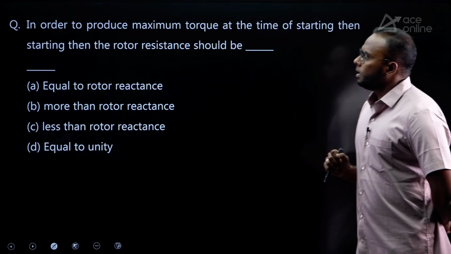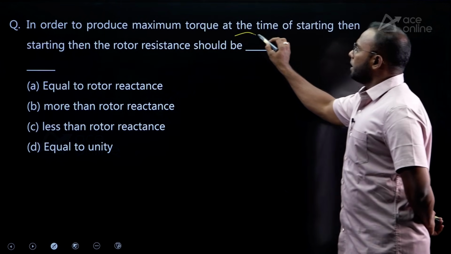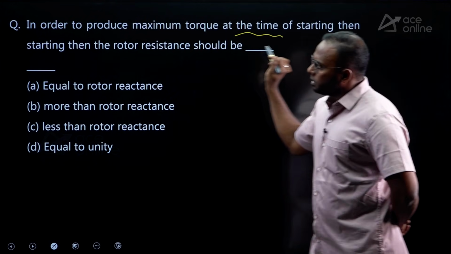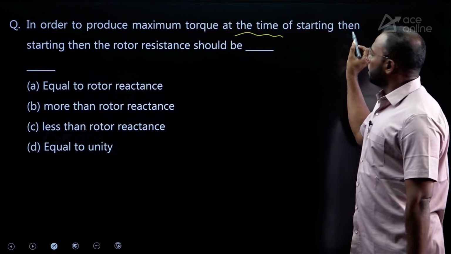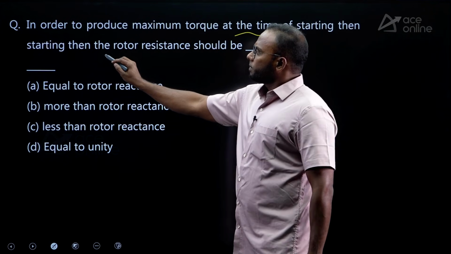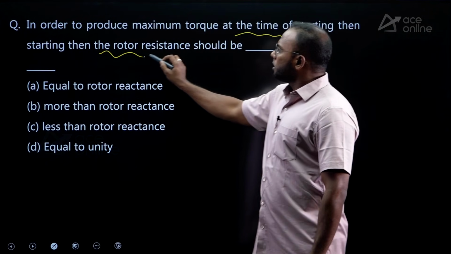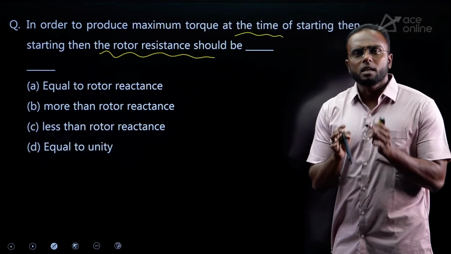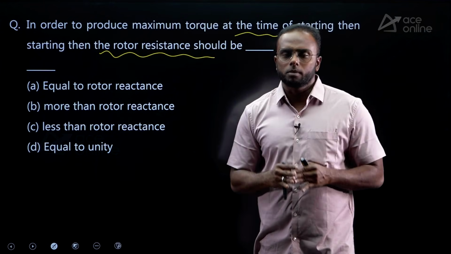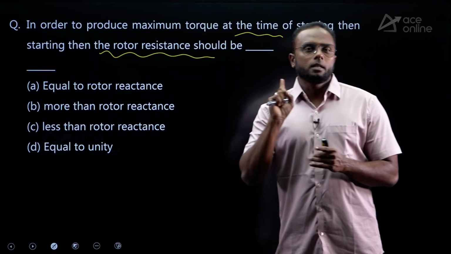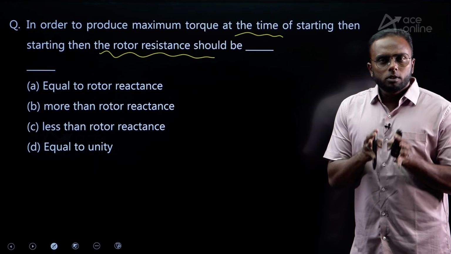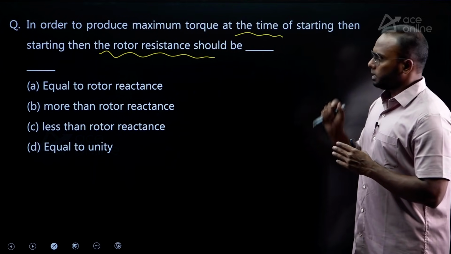Next, in order to produce maximum torque at the time of starting, the rotor resistance should be dash. At the time of starting, we need maximum torque. So to achieve this, what should be the rotor resistance?